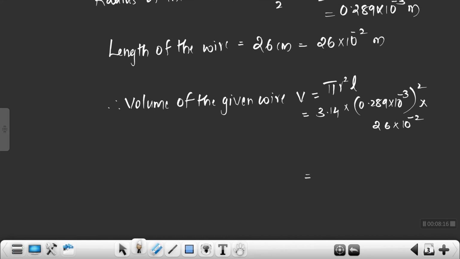So that is equal to 6.81 into 10 raised to minus 8 meter cube. So the volume of the given wire V is equal to 6.81 into 10 raised to minus 8 meter cube.